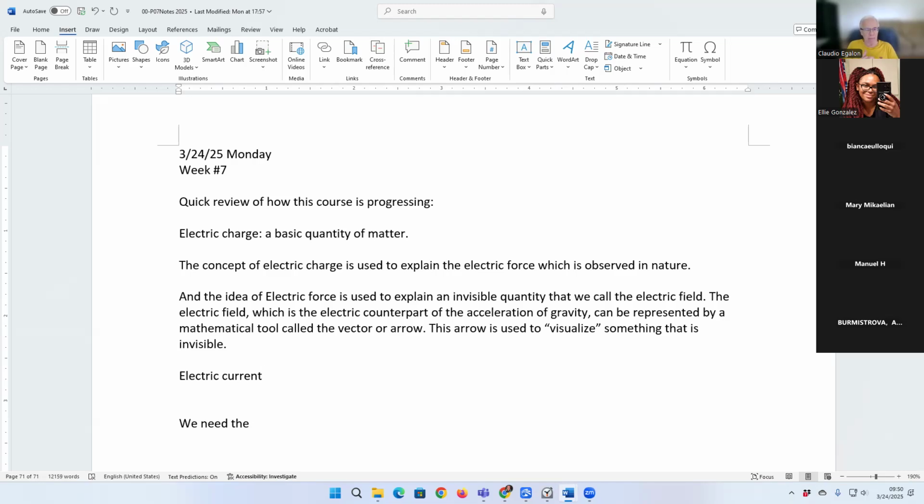And there's a reason for that. The reason is that it's much easier to measure an electric current than to measure an electric charge, okay?